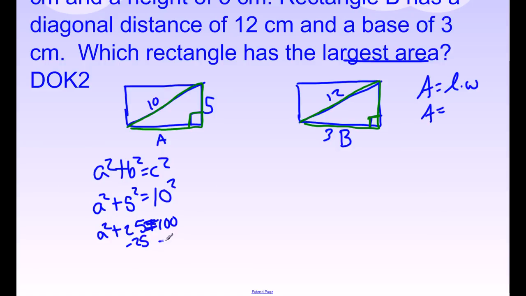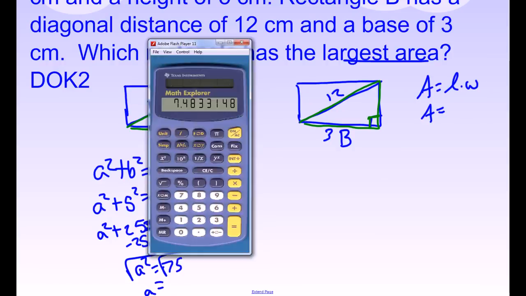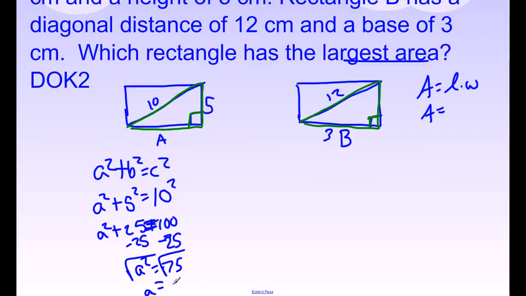Subtract 25 on each side because we're trying to get the A by itself. A squared equals 75. Square root each side. A equals the square root of 75, 8.66. So the missing side here is 8.66.